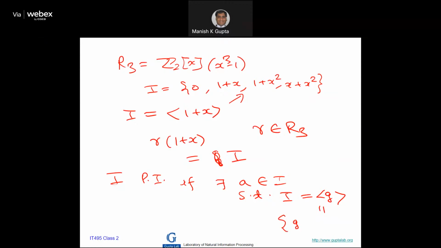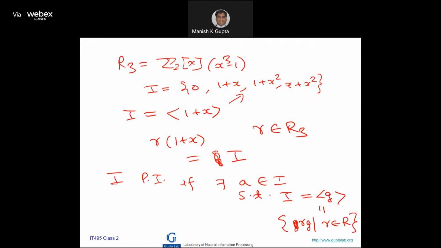It is G times R such that R belongs to the ring. Right? So this is the overall machinery. So basically now you know that beautiful algebra is coming into the picture to handle the cyclic codes, right?